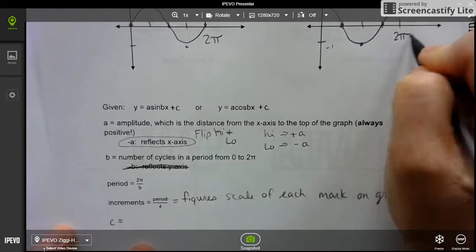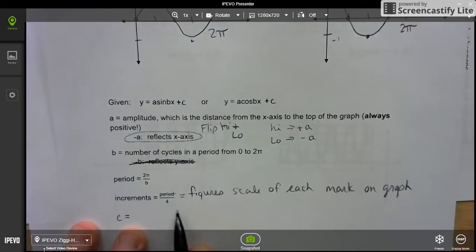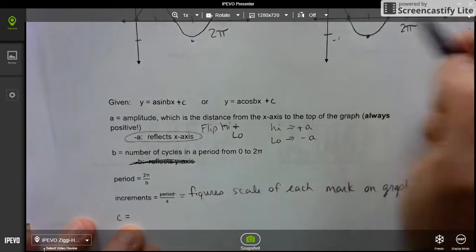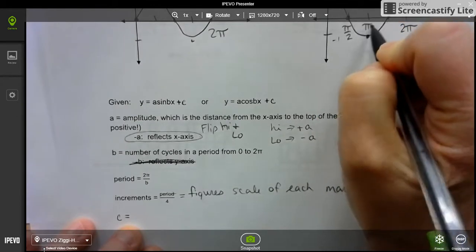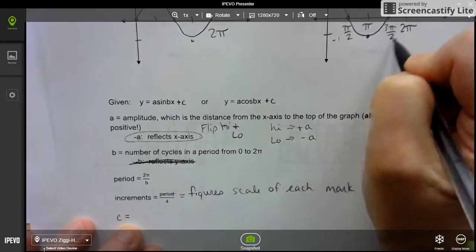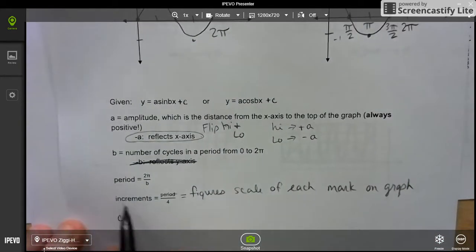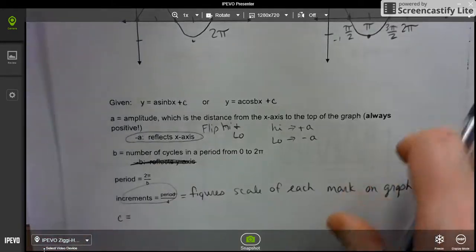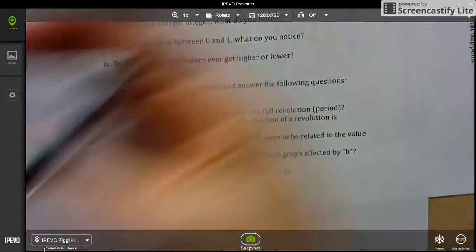Right now, both of these are at 2 pi, so that's my period. So plugging it in, 2 pi divided by 4 gives me pi over 2. This gives me pi and 3 pi over 2. You can use that to help you figure out what your markings on your lines are actually going to be. And we'll reserve C for another point in time.